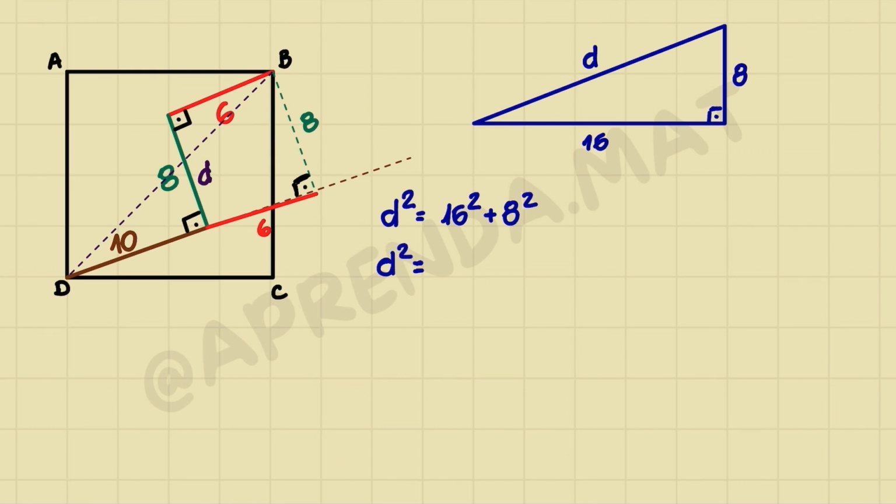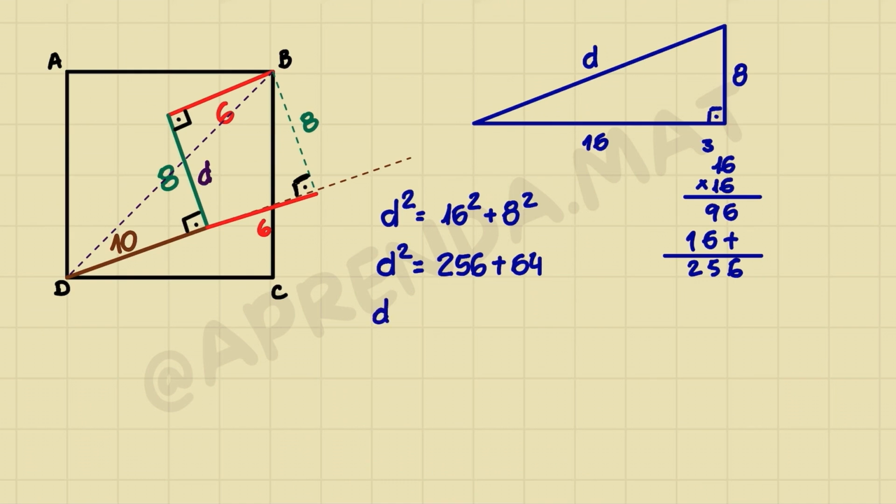Alright? So D squared will be equal to 16 times 16. Let's do it real quick here. 6 times 6 is 36. Carry the 3. 6 times 1 is 6, plus 3 is 9. I skipped the first one. This is going to be 6, 9, 1, 5, 2. 256.